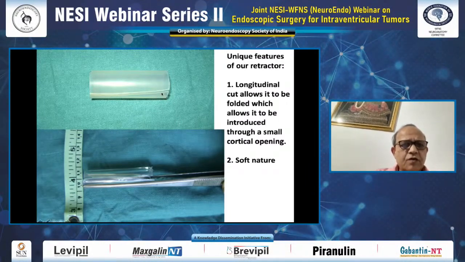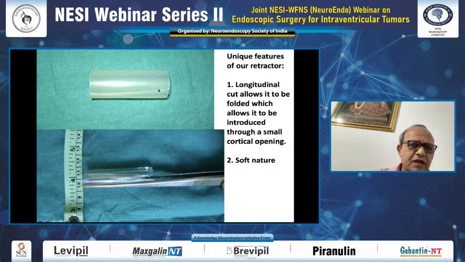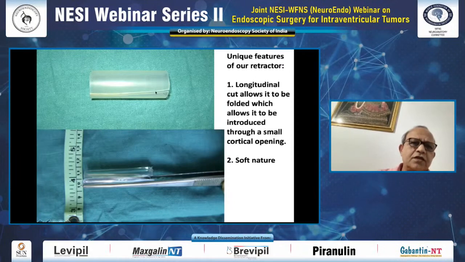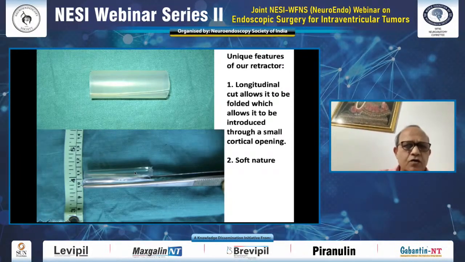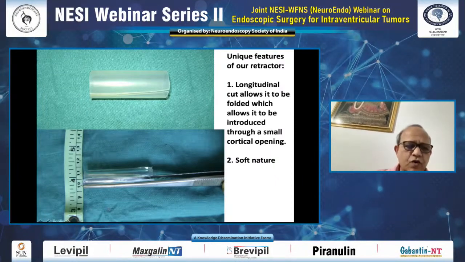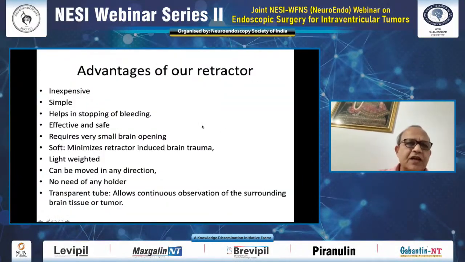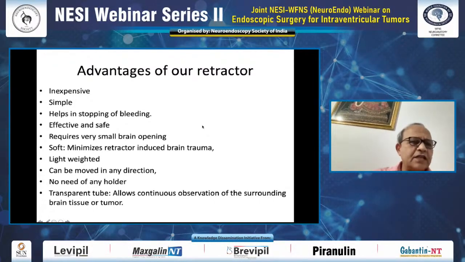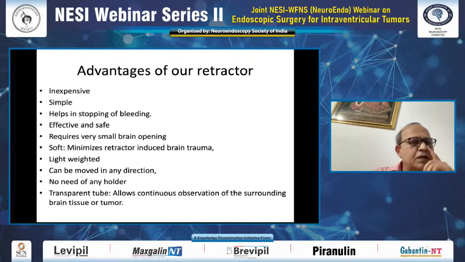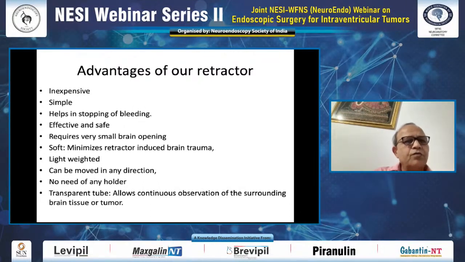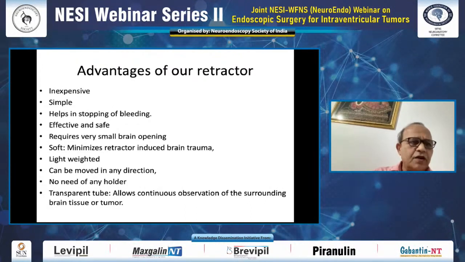It is a soft silicone tube, and the longitudinal cut applied onto this tube allows the tubular retractor to get folded. Therefore, you can put it through a very small opening. So the advantages are that it is inexpensive, it is simple. Regarding the cost, one tubular retractor costs around 10 Indian rupees only.